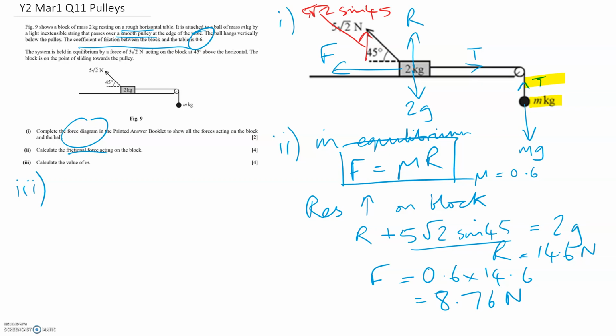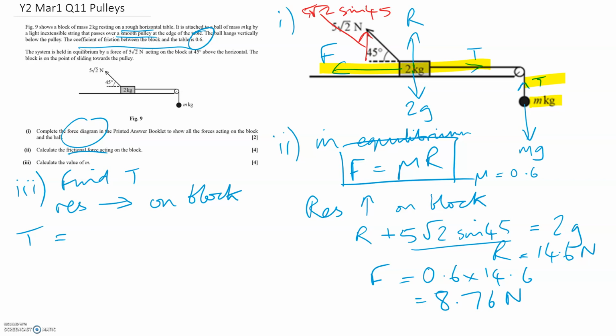So let's find the tension by resolving horizontally on the block. If we do that, we'll get all the forces going to the right, which is T, nothing else.